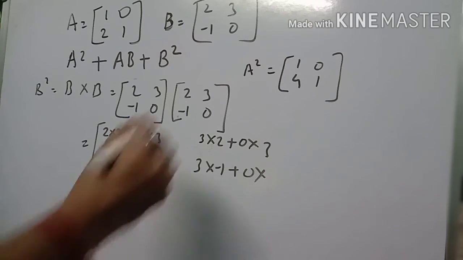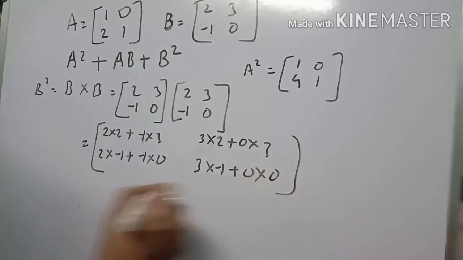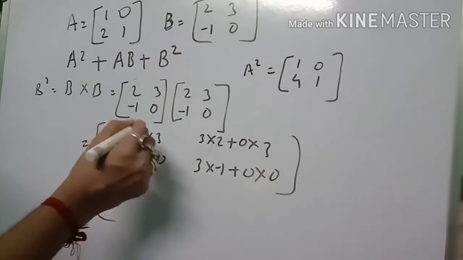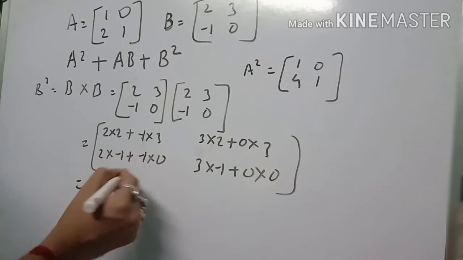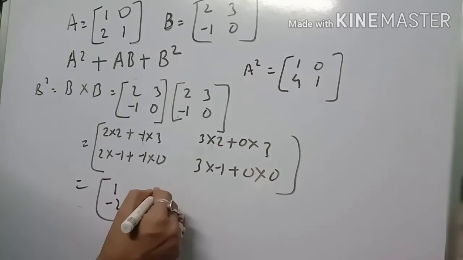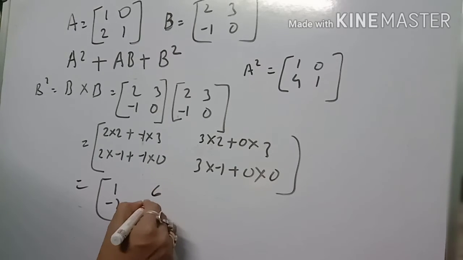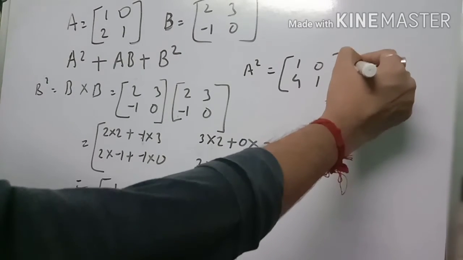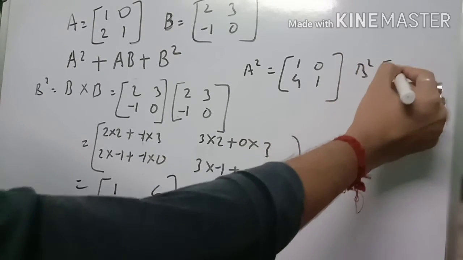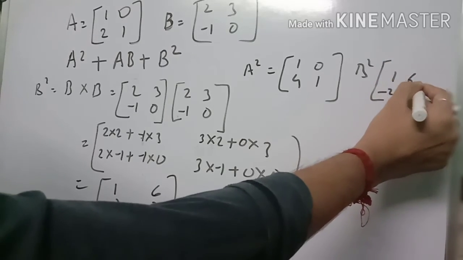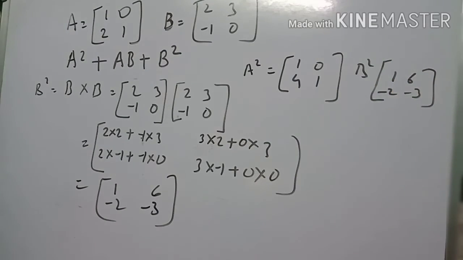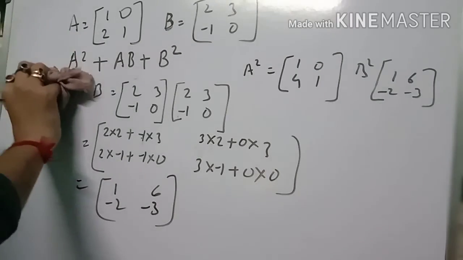Clear? 0 into 0. So what are we getting? We're getting 4 minus 3, 1. We are getting minus 2. We're getting 6 here. We are getting minus 3. So let me write B square also here: 1, 6 minus 2 minus 3. Is it clear, students? Fine.